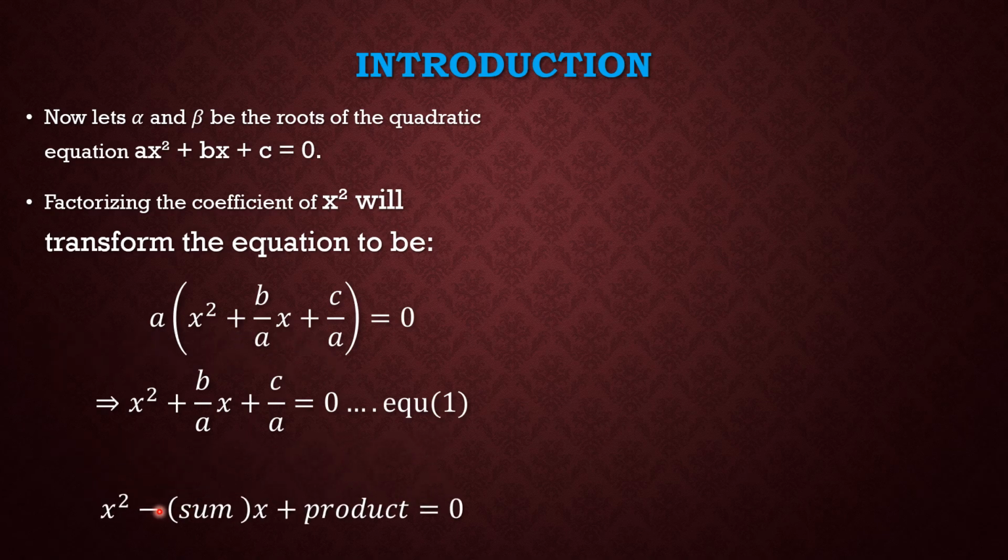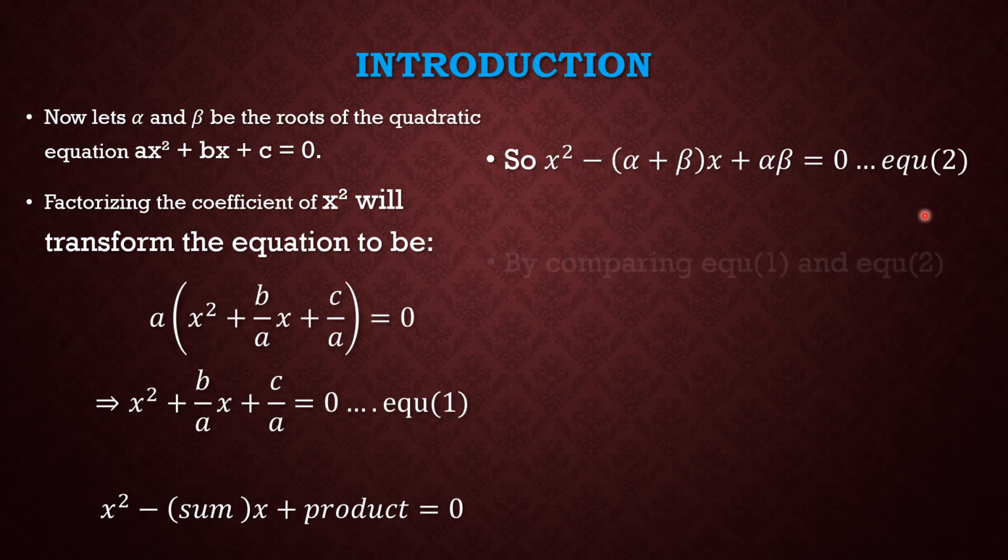Then we should remember that a quadratic equation is in words put as x squared minus sum of roots times x plus product of roots equal to 0. So here we can also rewrite the expression since alpha and beta are the roots. Then the equation will be x squared minus alpha plus beta times x, that is the sum, plus alpha beta, that is the product, equation 2.